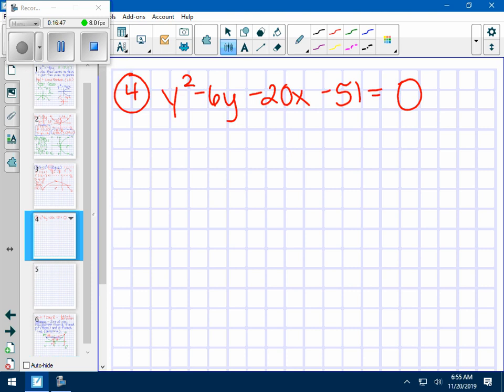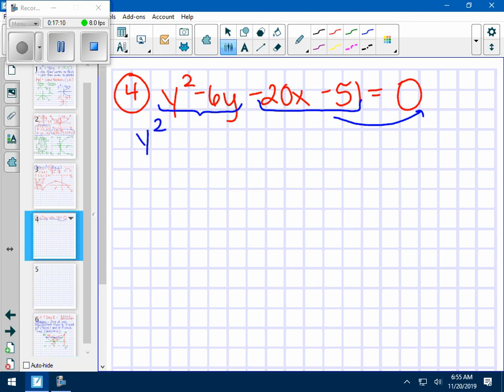When you complete the square, whatever the squared variable is, and for a parabola there only will be one, we're going to keep the squared variable on the left side and anything that goes with that. So I want to group those y terms together on the left, and then anything that doesn't relate to y, meaning the x term and the constant, is going to get moved to the other side.